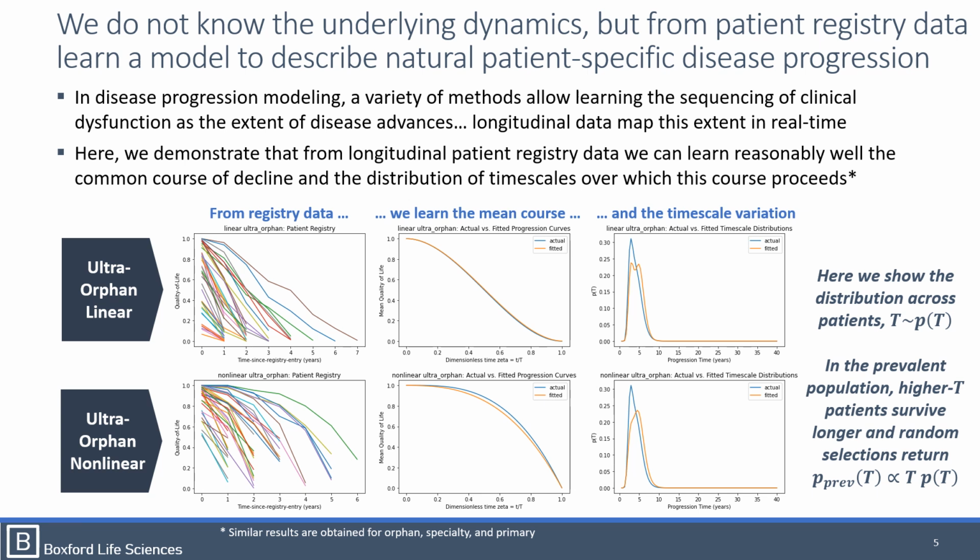What we see below is the blue shows the actual curves and distributions, the orange shows the fitted values of the data, and we see that we do a pretty good job of fitting the disease progression module to the registry data, and we see similar performance then for the other diseases that we consider.